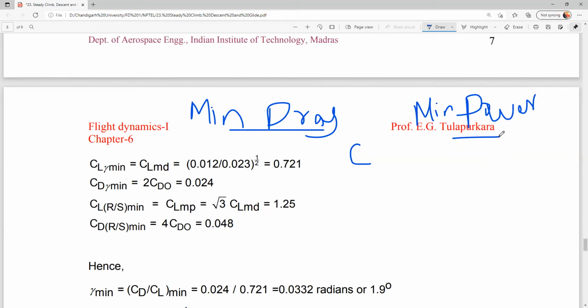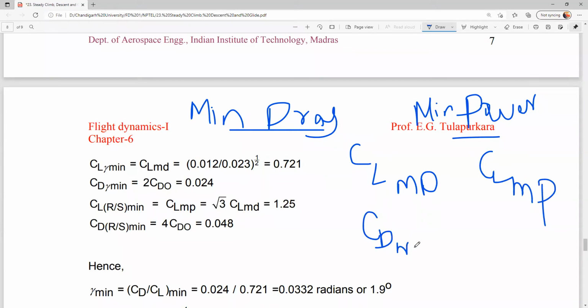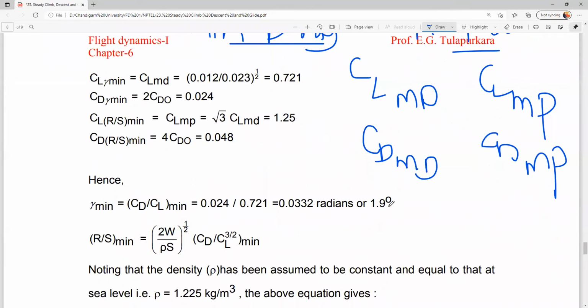But I have not told what the advantage is, right? So now is the time you need to know what the advantage is. We have seen some factors like CL minimum drag, CL minimum power, CD minimum drag, CD minimum power, velocity minimum drag, velocity minimum power.